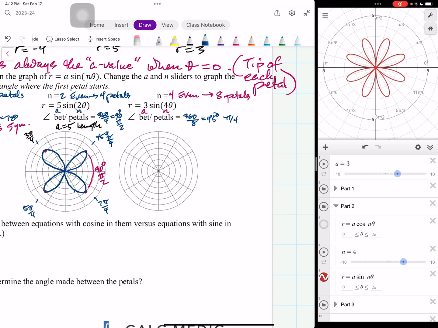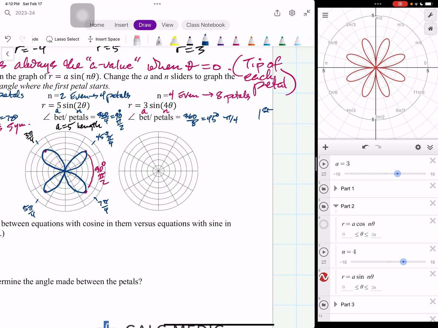If you look closely here, it's going to be less than 30 degrees. In general, just so you know, the first petal always starts at whatever pi divided by 2n is.